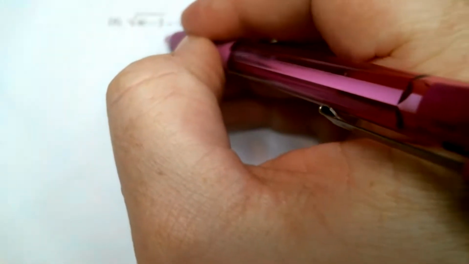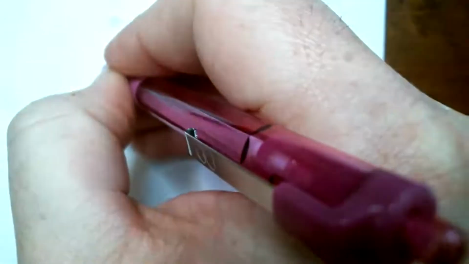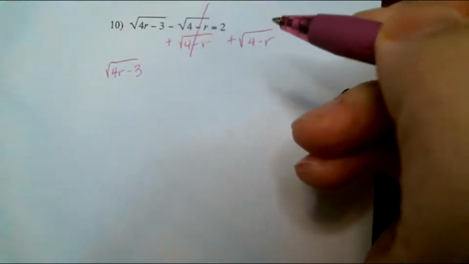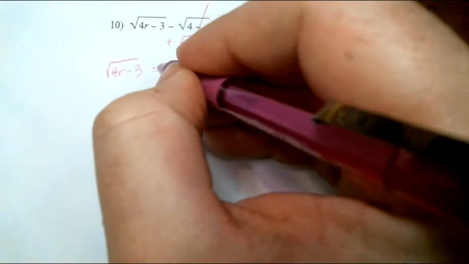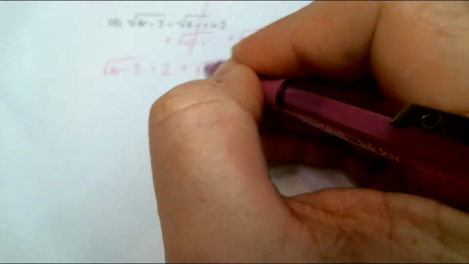Okay. So look at number 10. And I think I started to set this problem up for you guys. So what we said was add the square root of 4 minus r to both sides. Cancels there, and I have radical 4r minus 3 equals 2 plus radical 4 minus r.